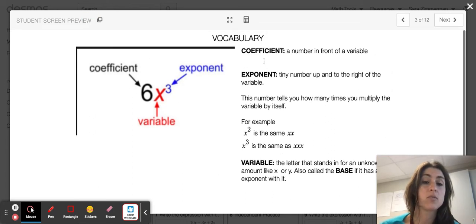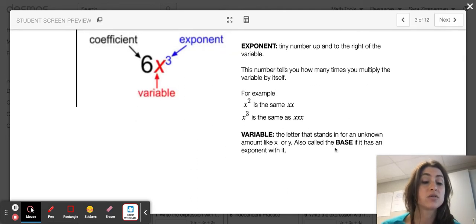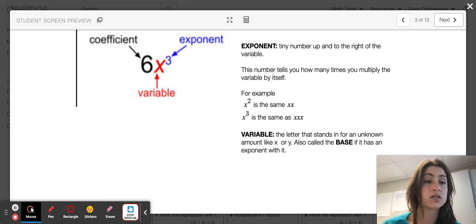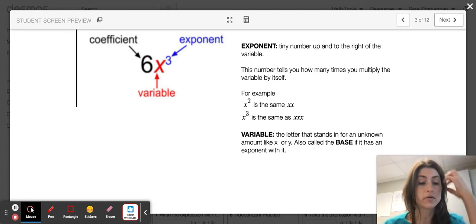So those are our vocab words: a coefficient, the number that's in front of the variable; exponent, the tiny number up to the right; variable, the letter standing in for an unknown number; and also a fancier word yet, base. If the variable has a little exponent with it, then we can also call it a base. Okay, that's your vocab. Come back, reread it till you feel like you know all those words.